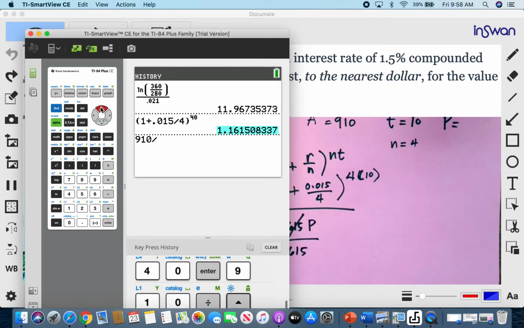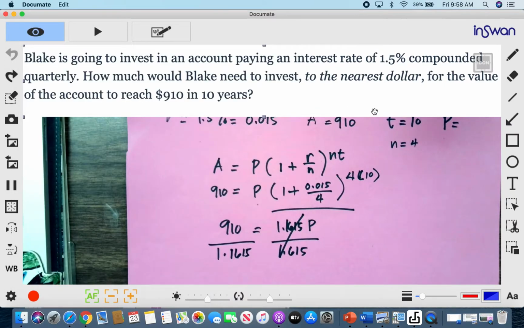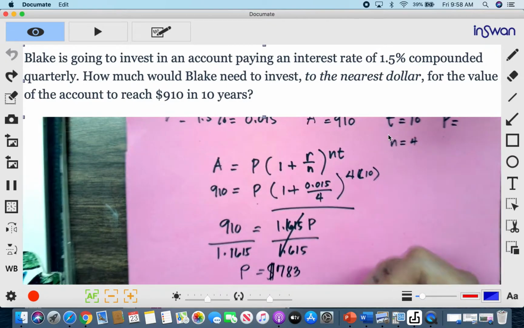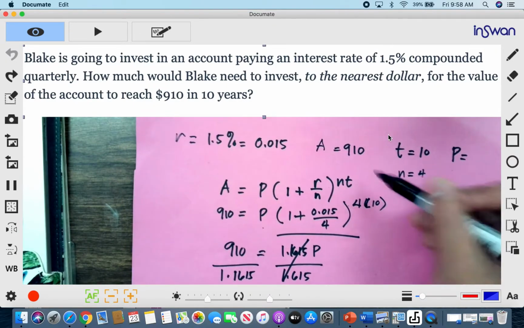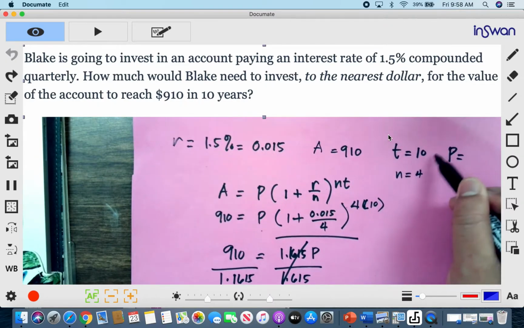We can always just go up there and then enter. It's about $783 because it asks us to give our value to the nearest dollar. So P is $783. So it means that we need to invest this amount for our investment to become 910 after 10 years at the rate of 1.5%.